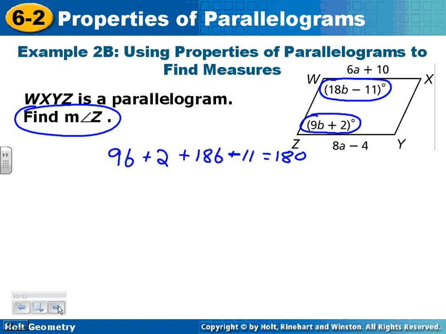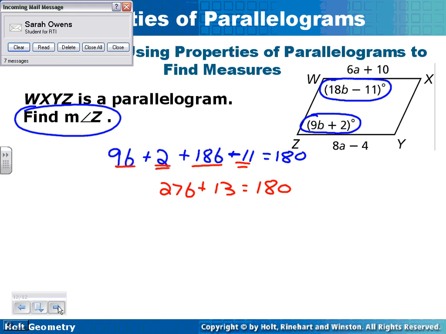Now let's solve this. Collect like terms. 9b and 18b, that's 27b. And then 2 and 11 add up to 13. That's 180. Subtract 13 from each side.